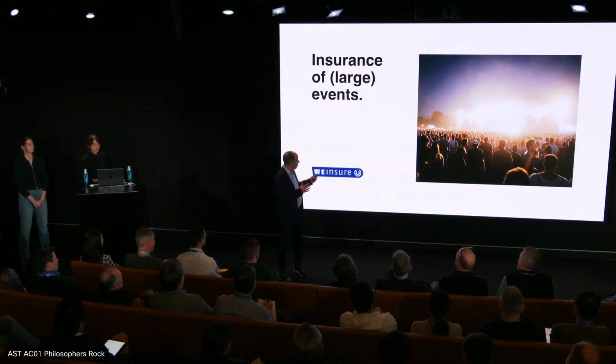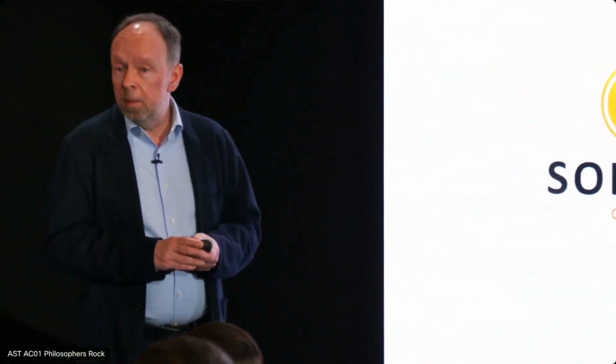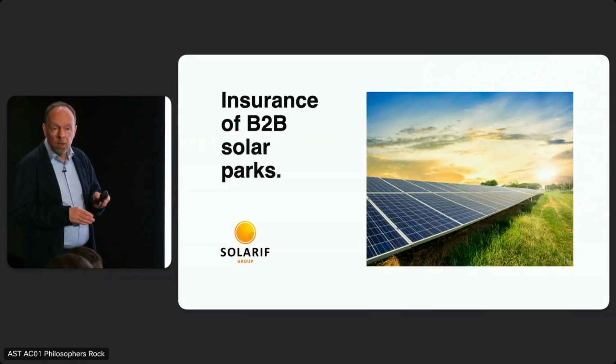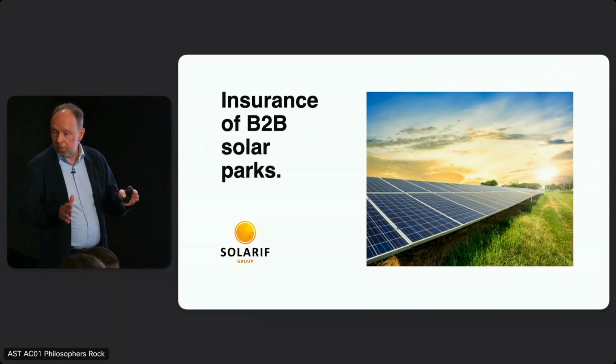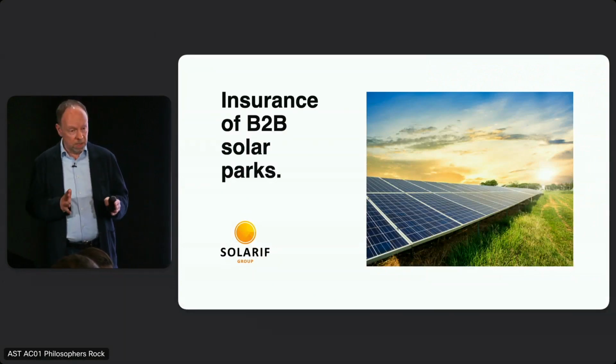That's a risky event, of course. All things can go wrong there. So those are some examples, and the third one is SolarRiff. I'll talk about that in a bit, because the demo is actually about SolarRiff, and they do B2B only, large solar platforms, and then the insurance of it, and also the inspection and the certification of those platforms.